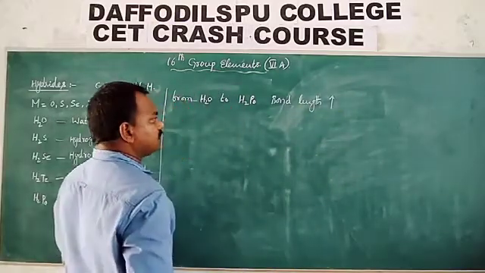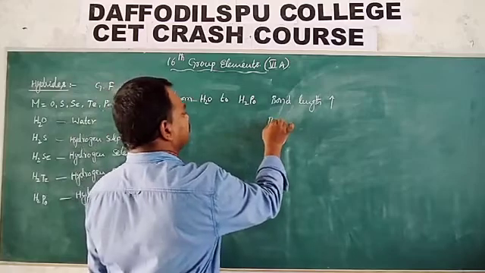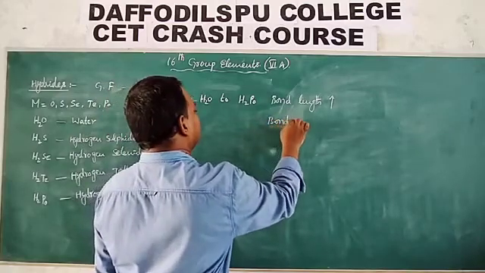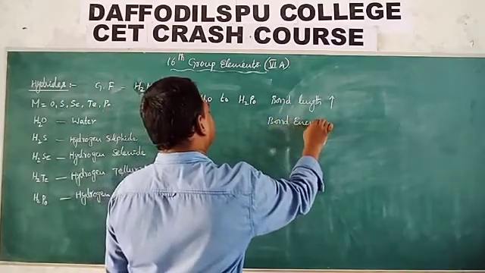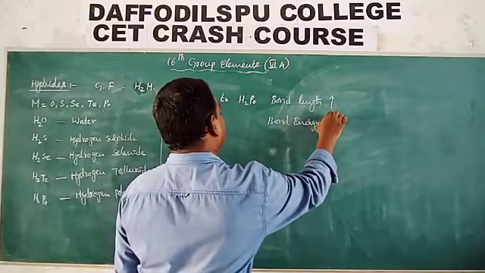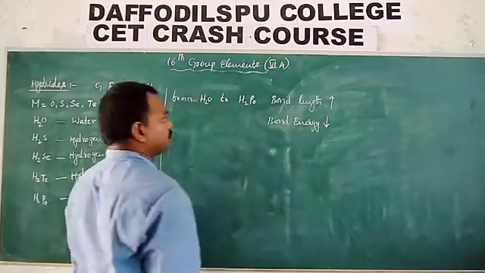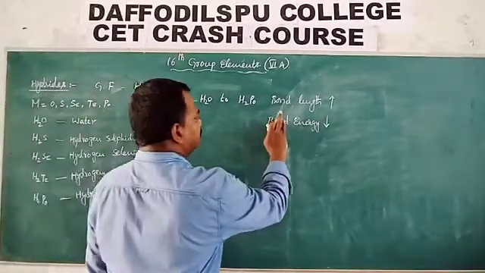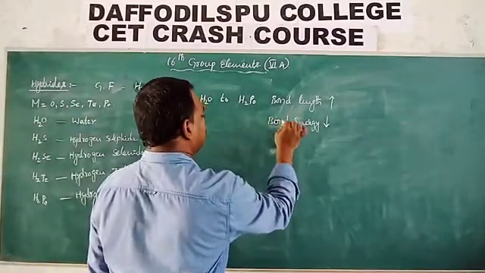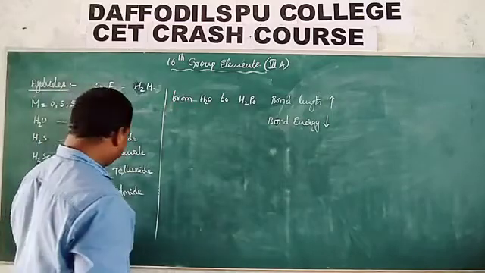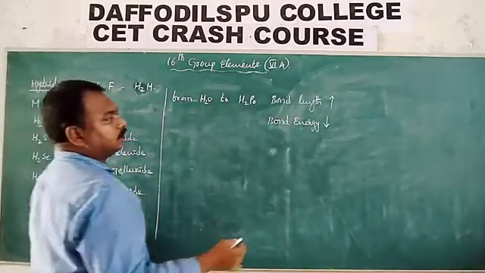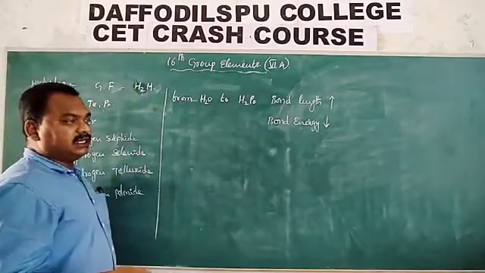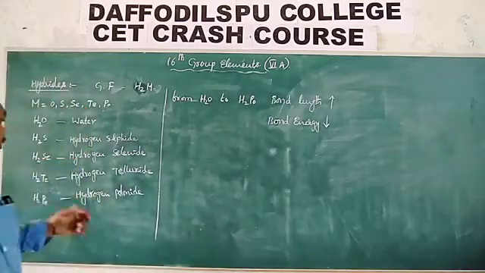When bond length increases, what happens to bond energy? Bond energy decreases. Bond length increases, bond energy decreases. When this molecule easily dissociates, it releases the hydrogen.